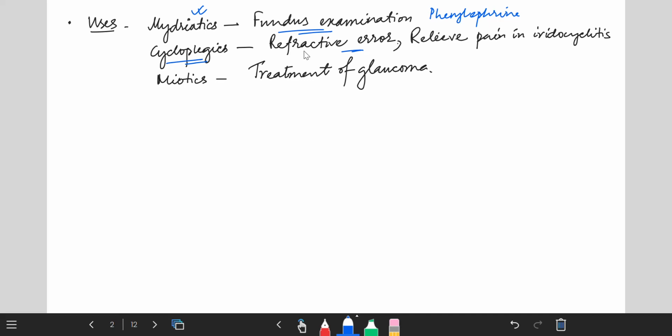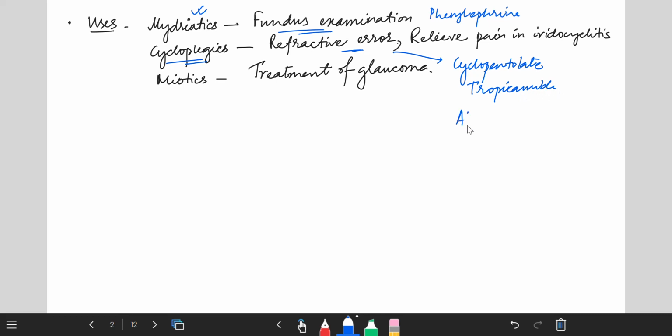So, for refractive error and relief of pain in iridocyclitis, the medicines used are cyclopentolate and tropicamide. These are preferable.